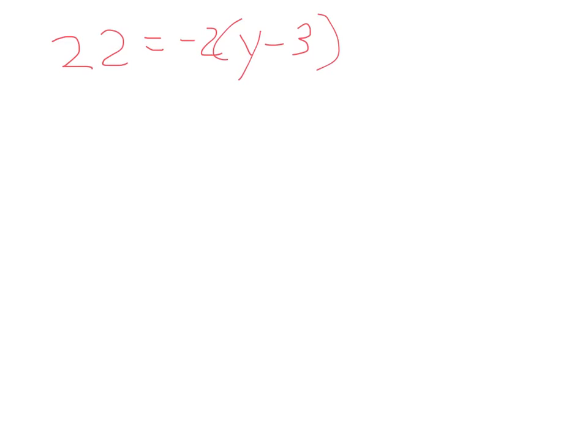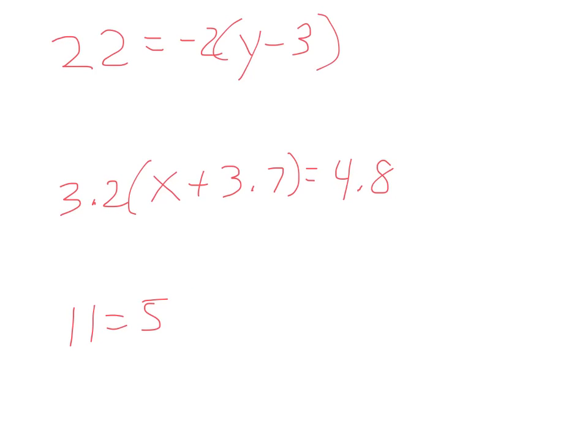And then try this one. See how you do with this one. 3.2 times x plus 3.7 equals 4.8. And then I want you to try this one. 11 equals 5 times g minus 3.